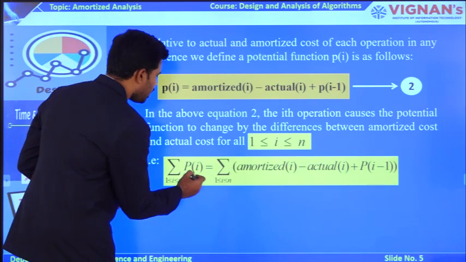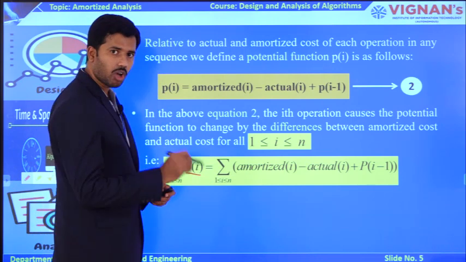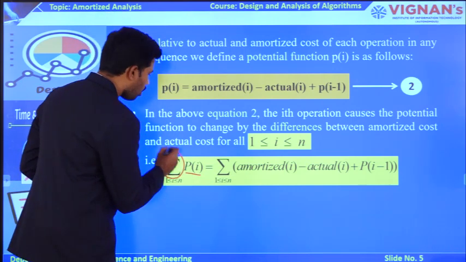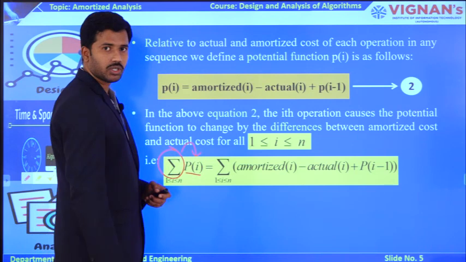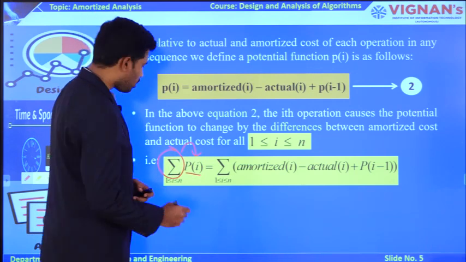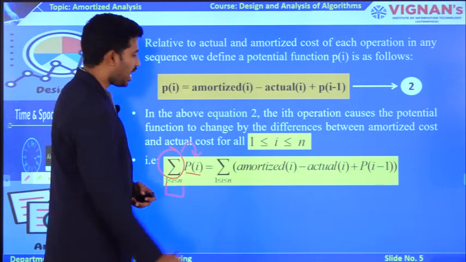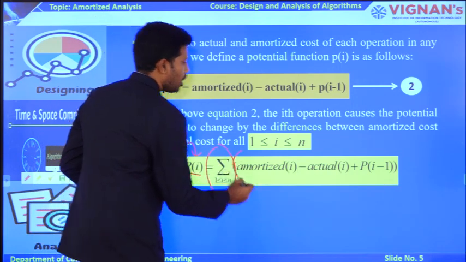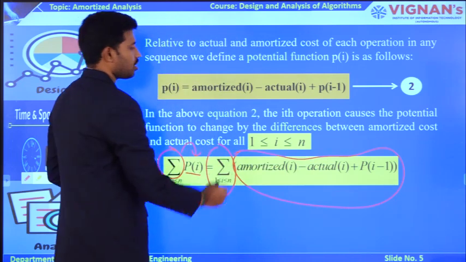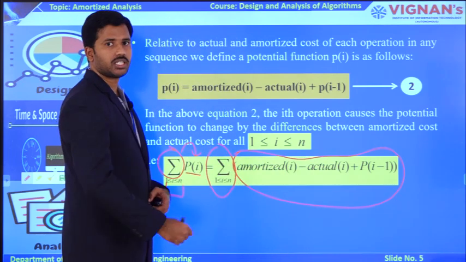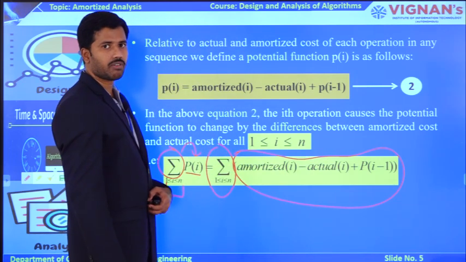P of I denotes the potential function for the ith operation. If you apply sigma on P of I, ultimately it produces the potential function for all the instructions starting from 1 to n. So likewise I am applying sigma to my amortized of I minus actual of I plus P of I minus 1.